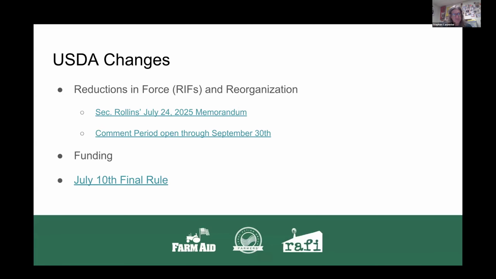Yeah, also wanted to just mention, we mentioned these changes at USDA partly because they will impact farmers if there are fewer staff in the agency. Applications may take longer to process. Farmers may experience staff transitions where an application that they had worked on with one staff was moving along and that staff is now no longer at the agency and they need to sort of find their feet again with a new person.